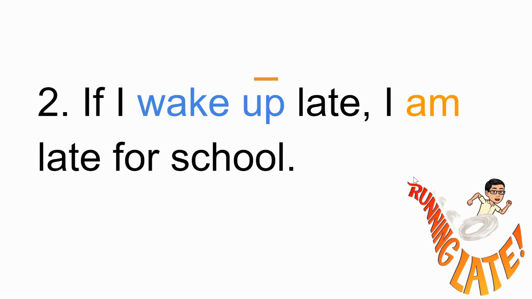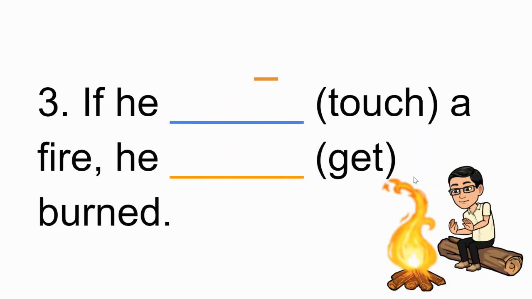If you are confused, the verb be, we use the word is for singular subject, are if the subject is plural, and am if the subject is I.